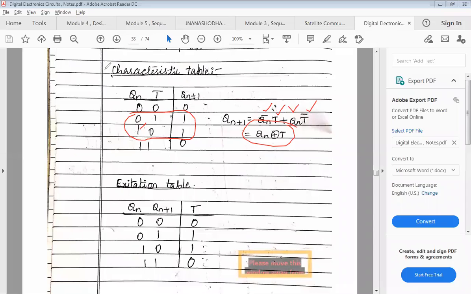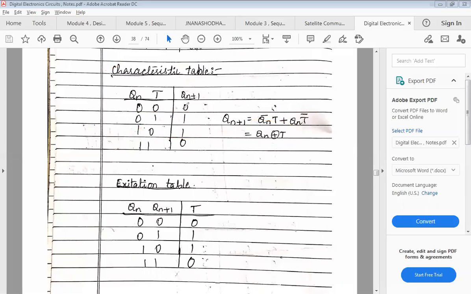So I hope the characteristic table is understood, right? Students, any doubts? No, sir. Fine. Moving ahead, as I told you, your excitation table is nothing but an extract of your characteristic table. So Qn plus 1 comes here, and then T comes here. So 0 0, 0 1, 1 0, 1 1. I'll be looking for 0 0.